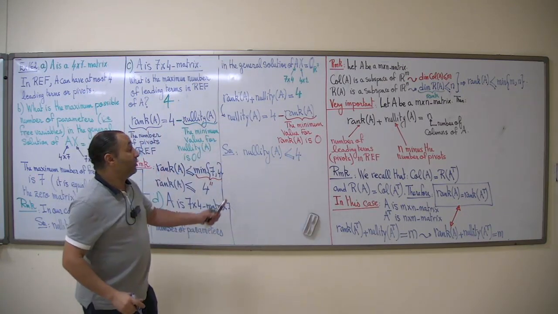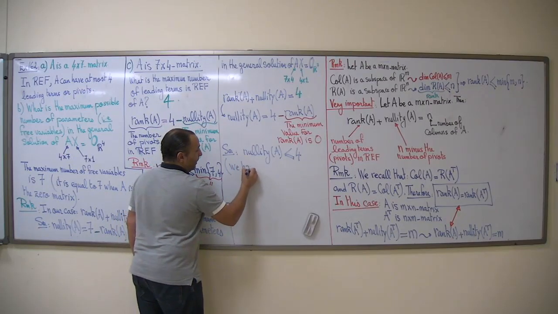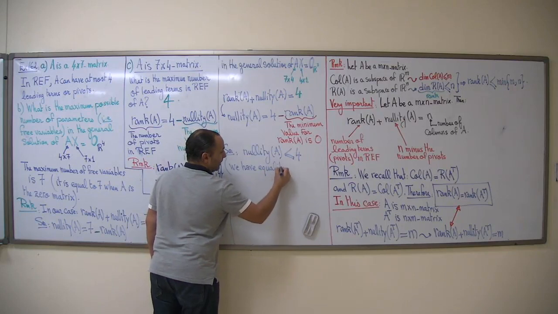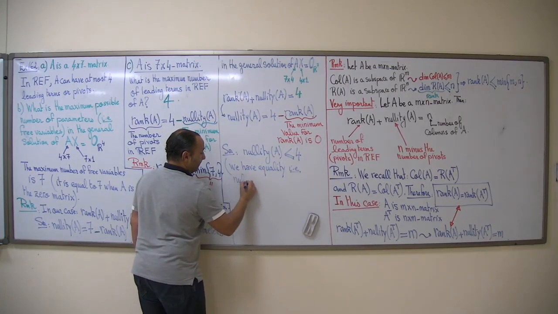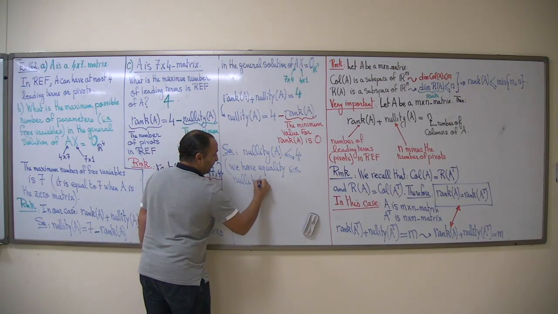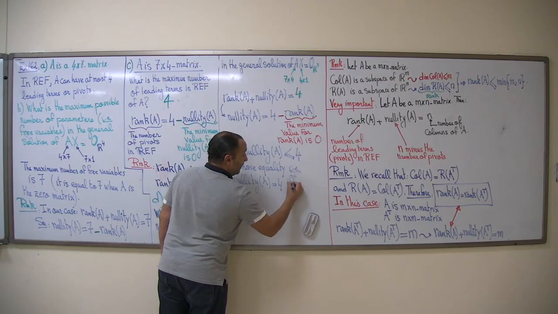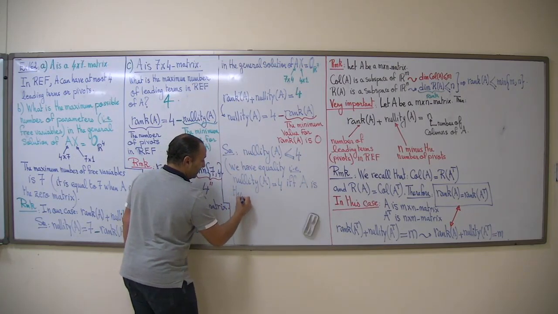And we have equality, that means the nullity of A is equal to 4 if and only if A is the 0 matrix.